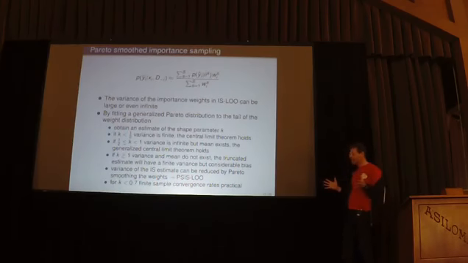And if they have a high variation, it's possible that one of the weights is really, really large, and then it dominates, and only that draw would matter in that equation. So this Pareto diagnostic looks at the shape of this weight distribution and can then infer how good estimates we can assume to get from the importance sampling.